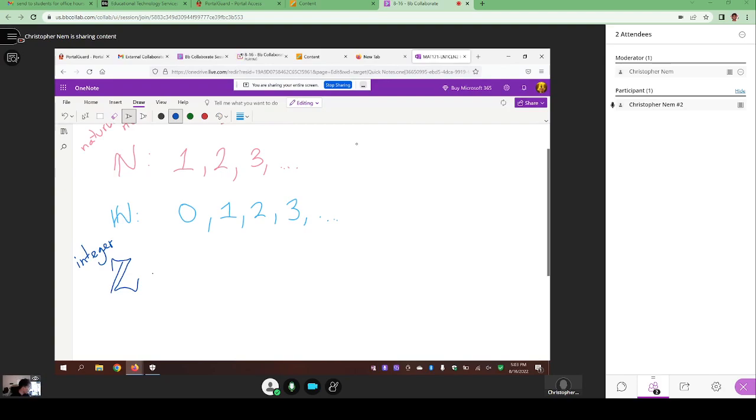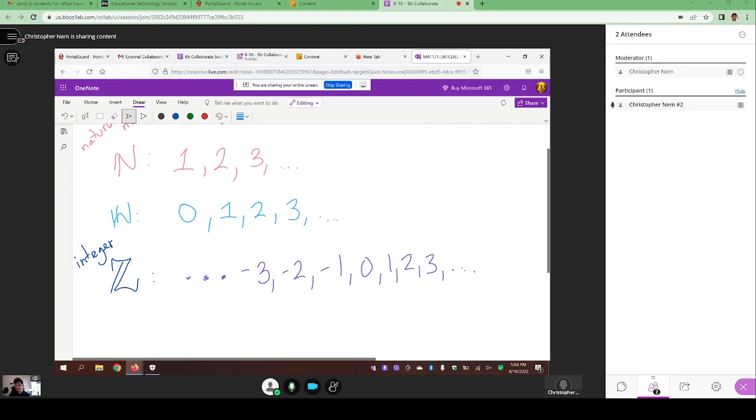And this number set will start from the negative side. However, I can't draw the lowest negative number, so I'm going to draw 3 dots representing the left side, which is the negative numbers. And then it eventually goes to -3, -2, -1, 0, 1, 2, 3, and so on.